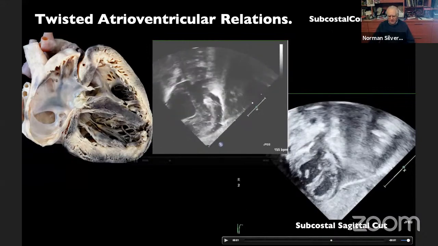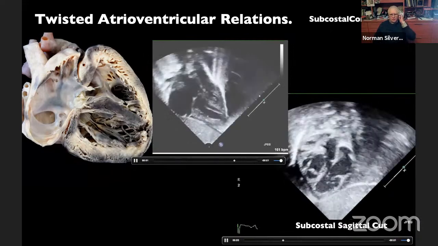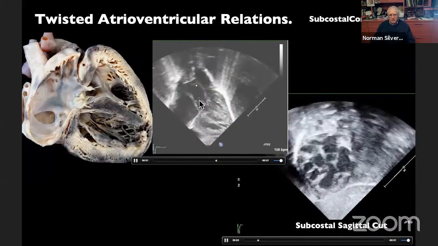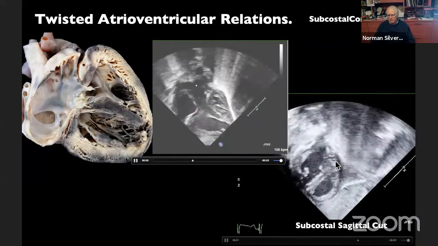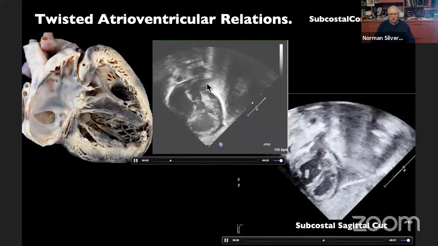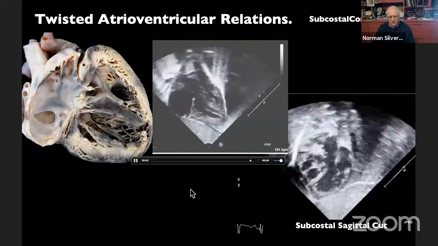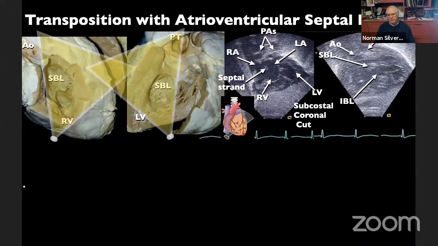So I'll let that play for you in 3 dimensions so that you can appreciate the little tricuspid valve draining into the right ventricle up here, and the mitral valve draining into the left ventricle here, and the transposition. But in this case and in this case, the aorta was levo-opposed because of the twist that occurred after development.